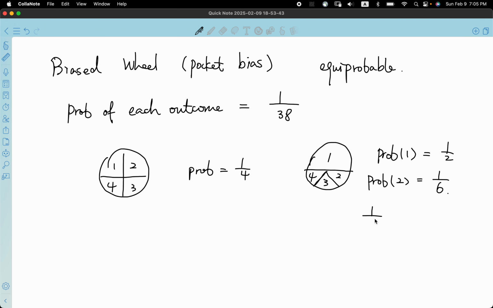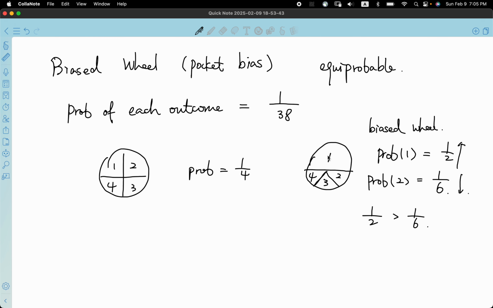So you can see that we have a pocket associated with a probability greater than the probability associated with the other numbers. So in this case, if you still play the roulette with this wheel, then you will probably have a higher chance of landing on the pocket with number 1, while you have a lower chance of landing in the pockets with the numbers 2, 3, and 4. So this is an example of a biased wheel.